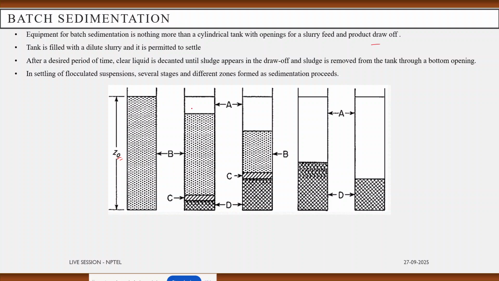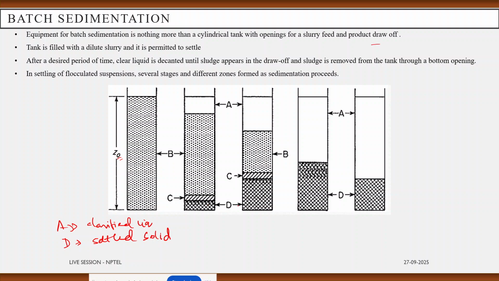and after a certain time the zone A, which is the clarified liquid depth, and the zone D, which is the bottom one, that one is the settled solid. Zone A is clarified liquid and zone D is settled solid.